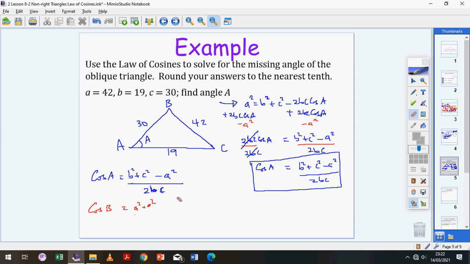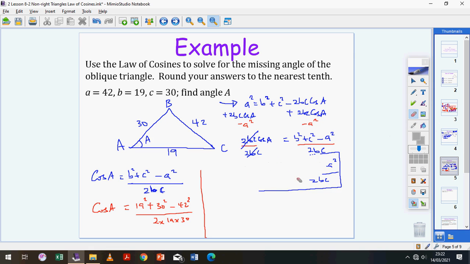Angle A. So just substitute: B is 19 squared, C is 30 squared, minus A, 42 squared, divided by 2 times B, 19, times 30. All of that is equal to cosine A. But remember, if I want to find just the angle A, I'll have to take the inverse cosine of that expression.